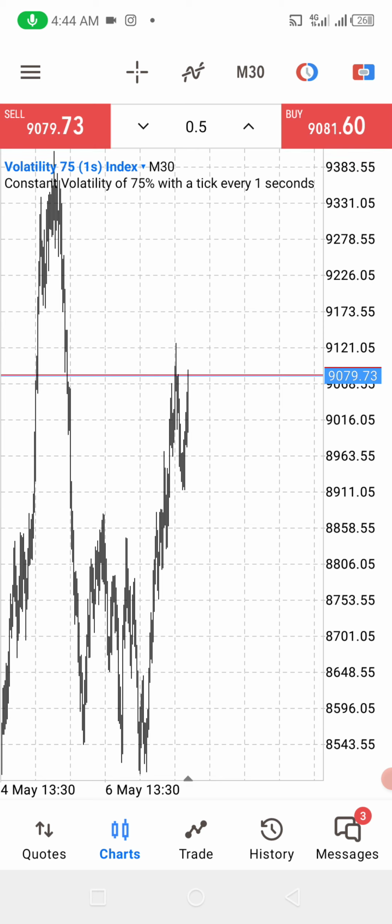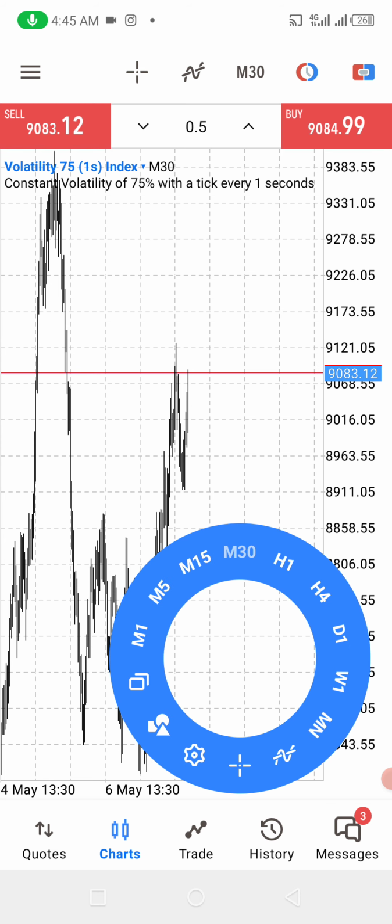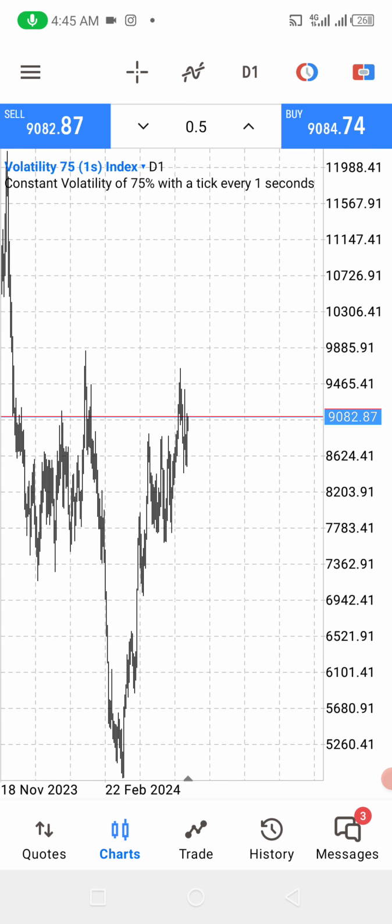Right now I will start my analysis from the daily time frame. In the daily time frame, we have this low. Price left this low.